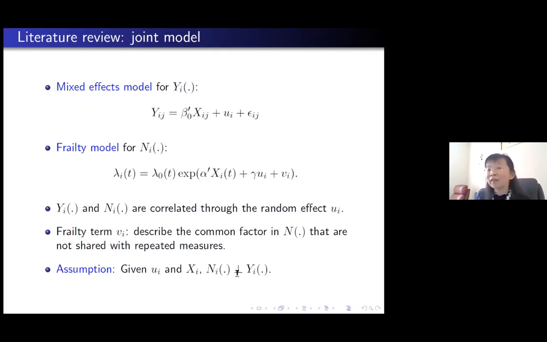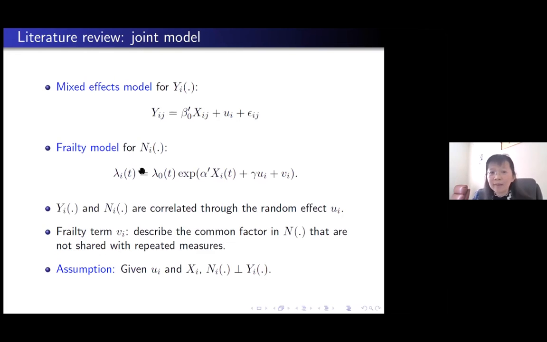In the statistical literature, the most commonly used model to handle the outcome-dependent observational process is a joint model. For this application, the joint model would have 2 components. One is a mixed effect model for the longitudinal weight outcomes.